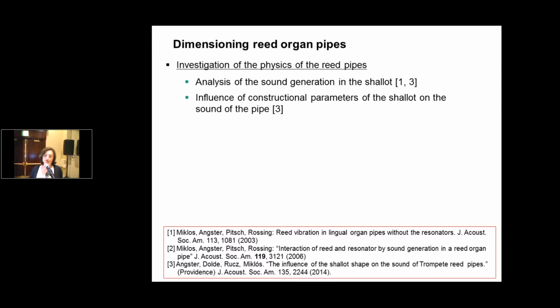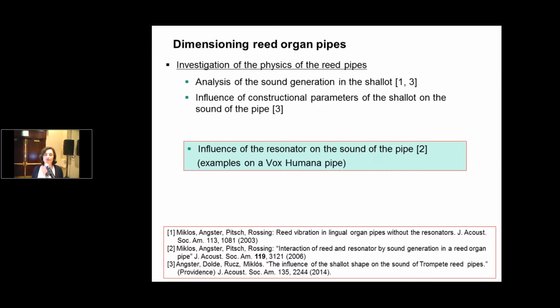So I told the first step is investigation of the physics of the reed pipes. We already made several experiments and research on different topics, like you can see here. Now I will speak about the influence of the resonator on the sound of the pipe, as this is the topic which we worked on in the last time.